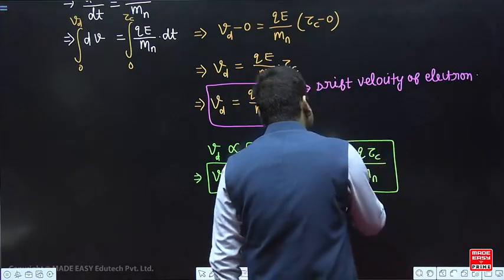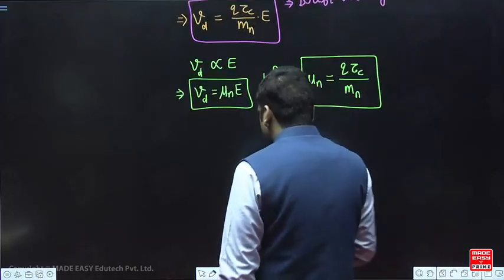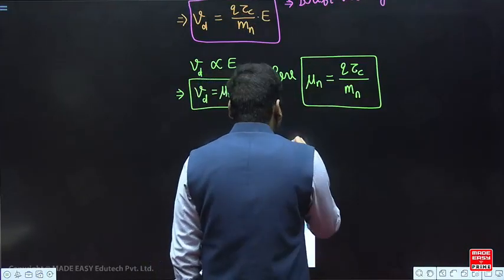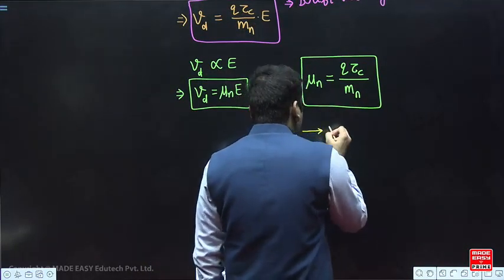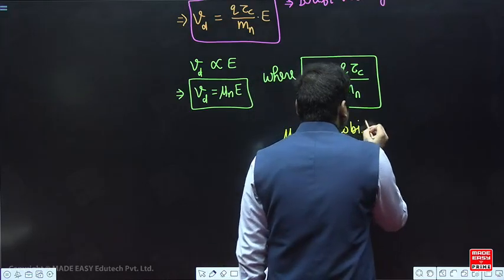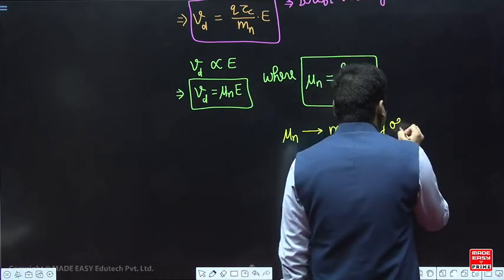This mu n is known as mobility of electron.